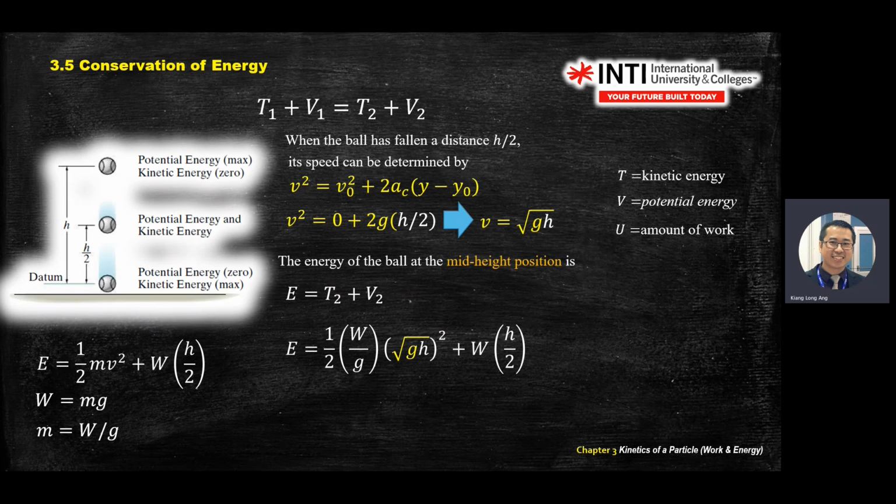If the question gives you the weight of the object in Newtons, then it expects you to convert W divided by g, and you get back the mass. So when you see the question give you the weight in Newtons, you can use this equation to find the kinetic energy, the m here. Look carefully. So here you balance up, you still get WH. The energy is still the same, no matter where the location is, either on top or bottom.